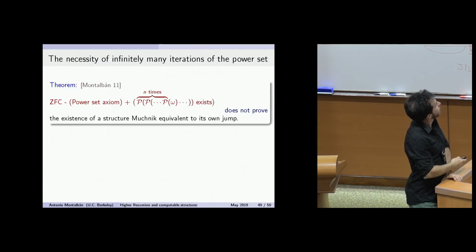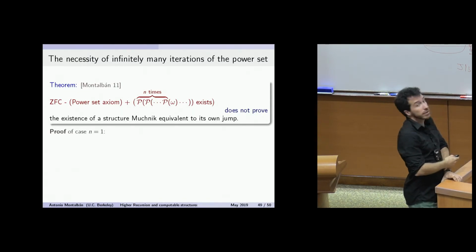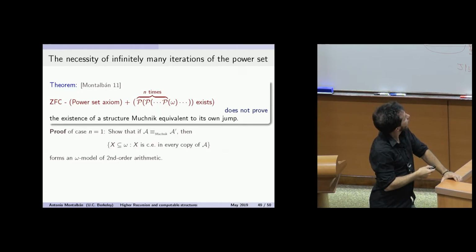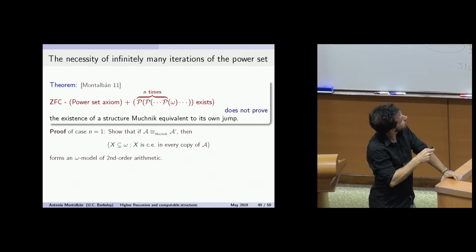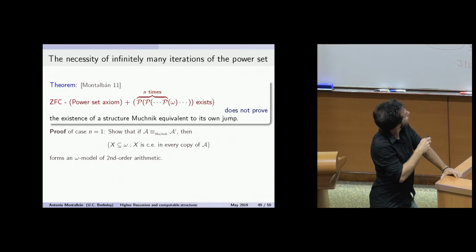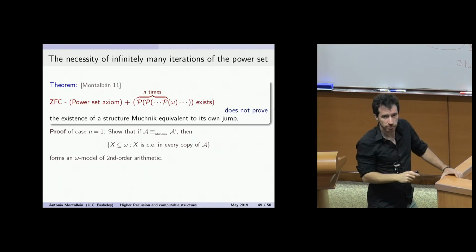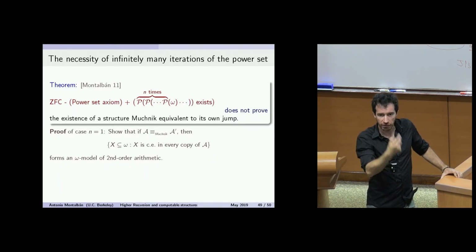I can tell you a little idea of the proof for the case n equals 1. You show that if you have a structure that is Muchnik equivalent to its jump, then you can build an omega model of second order arithmetic. This is the case n equals 1, just one power set: you have natural numbers and you have reals, so it's the same as second order arithmetic.